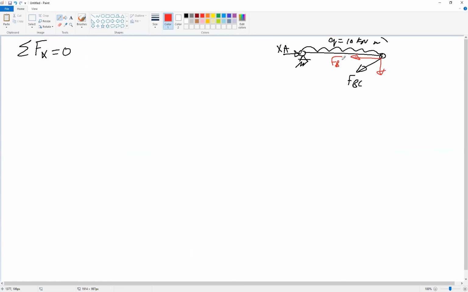So this FBC cosine theta, FBC sine theta, and this is theta. And we have here 10 kilonewtons.